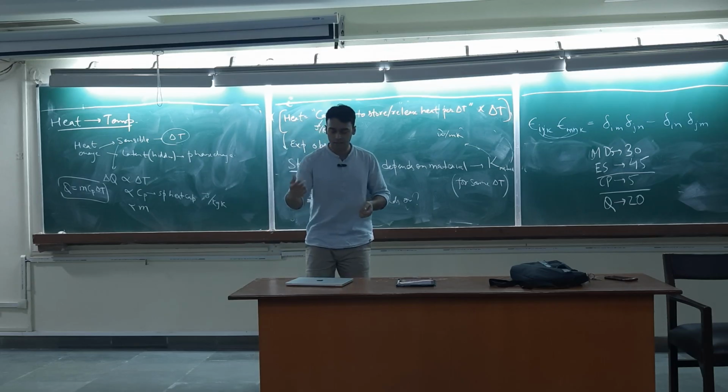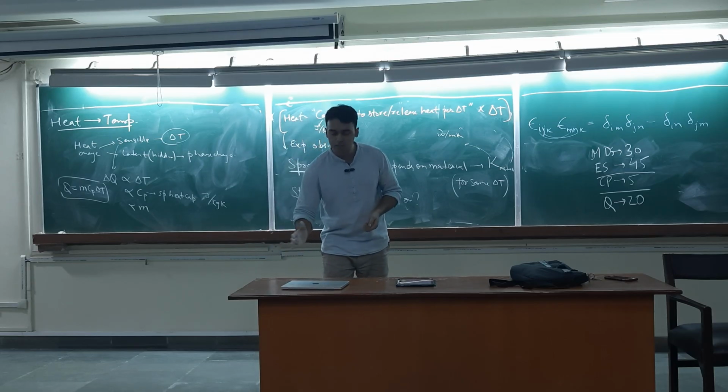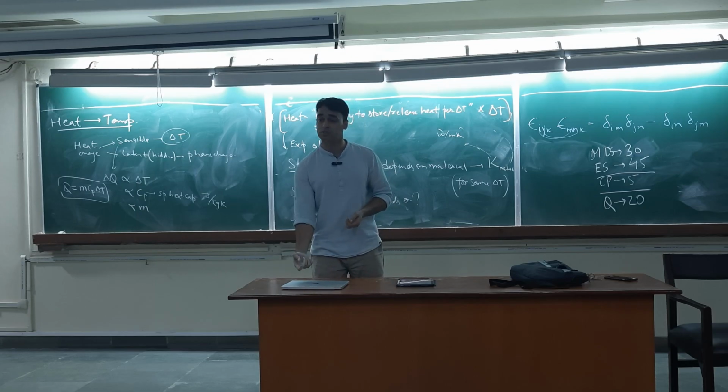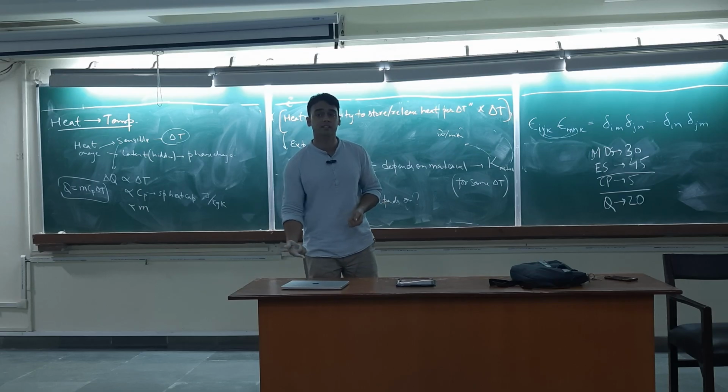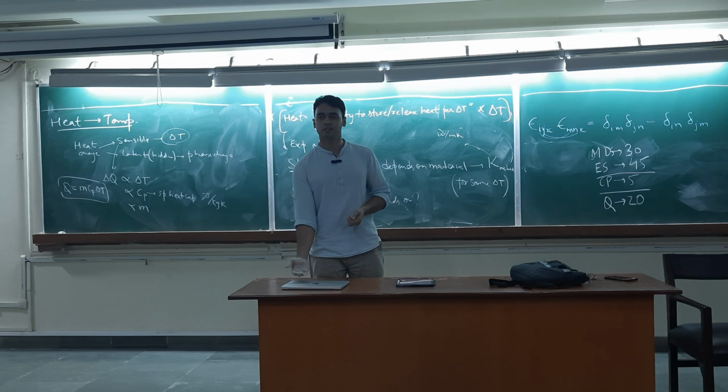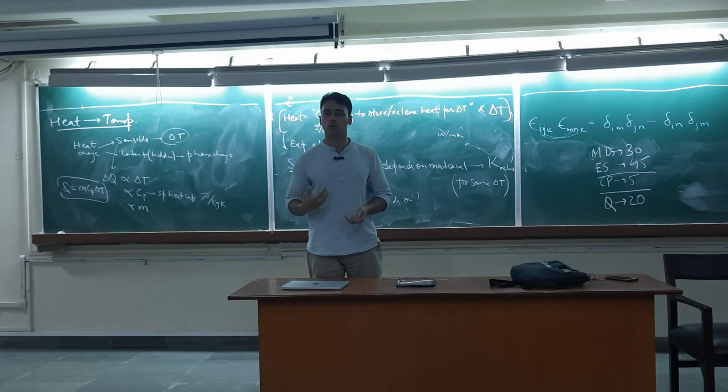Heat is spreading, and as it spreads, the temperature is rising according to how much capacity it has to store or release heat. So it should depend on Cp also. If Cp is really high, it can store a lot of heat. Will the temperature spread? No, right? Whatever heat came, it will just eat it up.